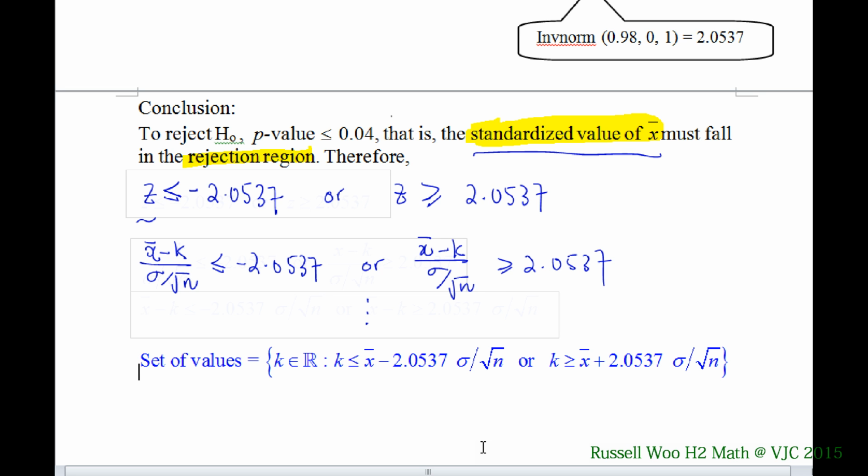The question asks for a set of values, you just answer with the set of values. It's only this last part that's a bit different. The rest is quite standard.